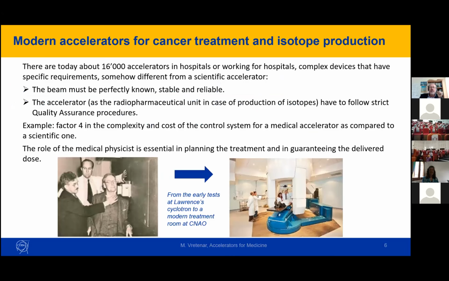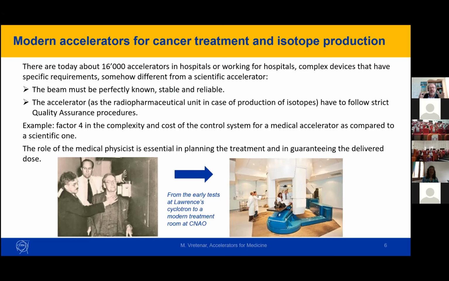And here I want to draw your attention to a few important points that we have to remember when we consider accelerators for medicine. The first is that for science, we can play. Science is a game in a sense, and it's very experimental, but medicine is not a game. We cannot play.